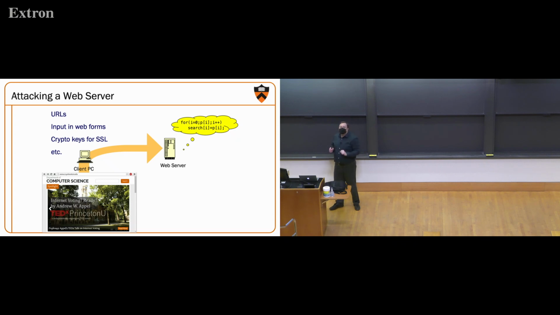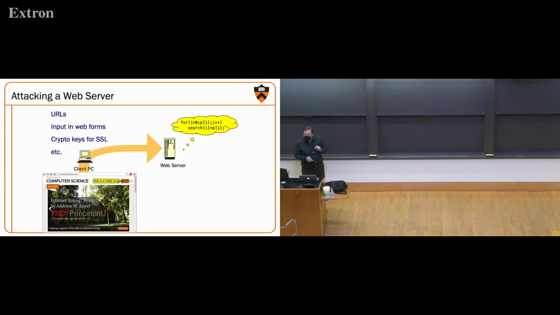And you send the web server a search term, or a malformed URL, or input from a web form that is too long, or crypto keys through the secure sockets layer, or something where the web server is careless and allows a buffer overrun. Well, now you as a user have just gained control over the web server and can use it to execute arbitrary code on that web server. Not so good.